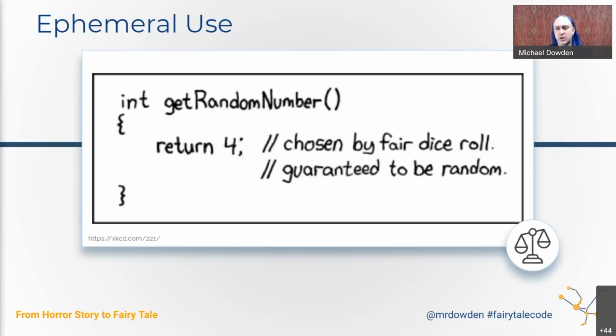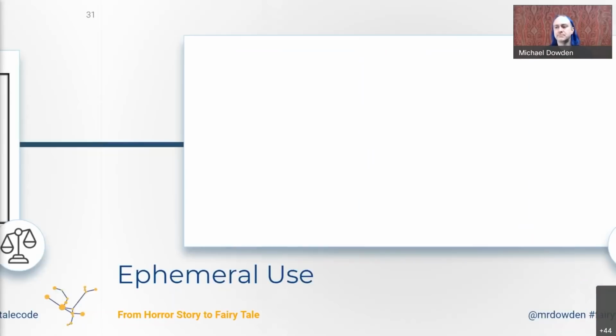The first time we call it, it's a random number. The second time we call it, it is not. This is a ridiculously extreme example of ephemeral code in that it is useful exactly once, but it illustrates the point, right? We need to make sure that when we implement something, it has utility beyond the first time we call it, the first time we use it.